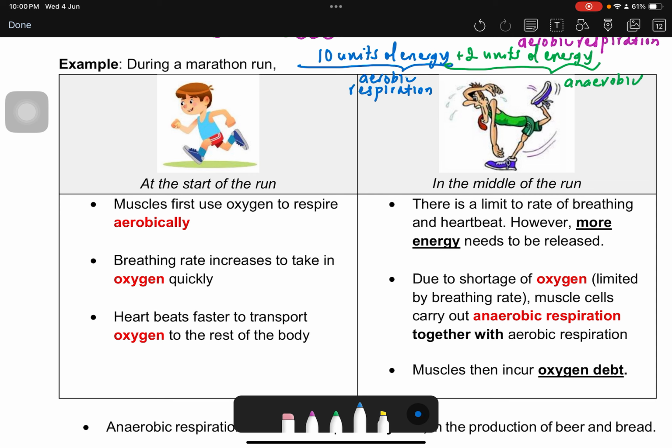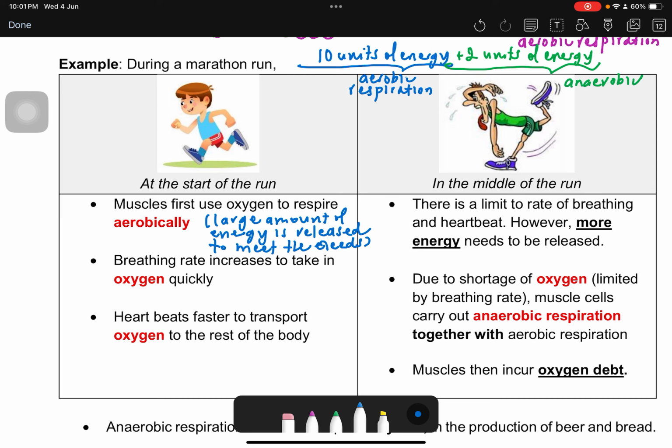This is because a large amount of energy is released to meet the needs in your muscles. But as you progress, you can feel the difference in your body.